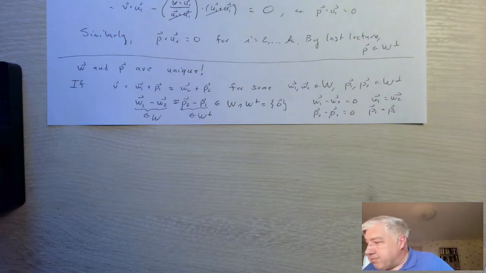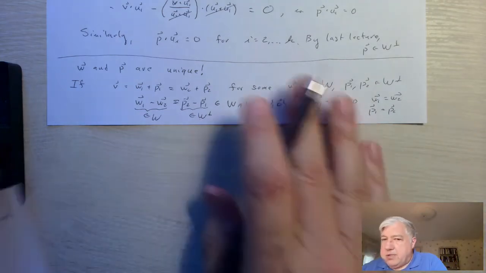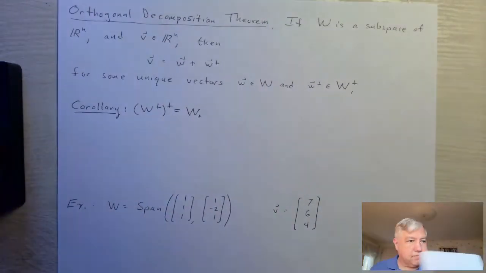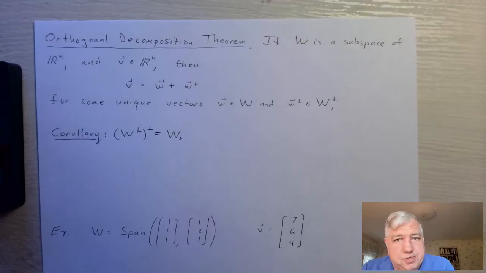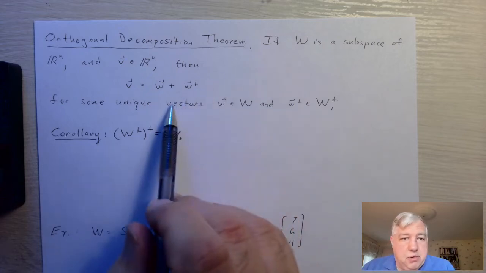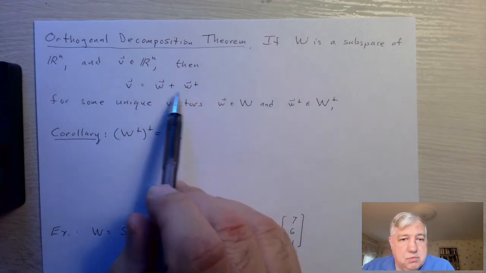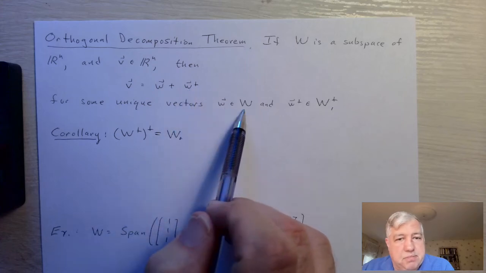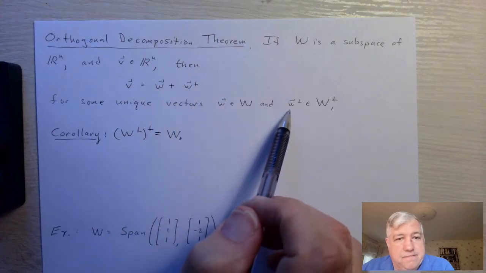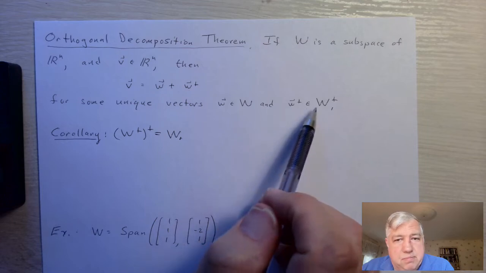And what we've just proven is the orthogonal decomposition theorem, which says basically what we just said. If W is a subspace of Rn and V is a vector in Rn, then V can be written as little w plus little w perp, where little w is in big W and little w perp is in big W perp.